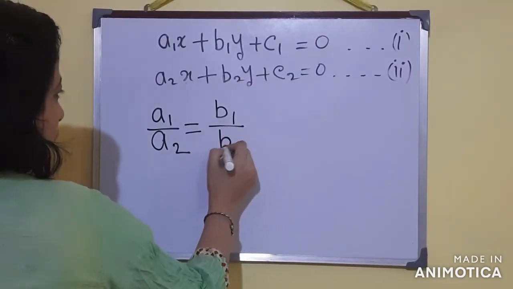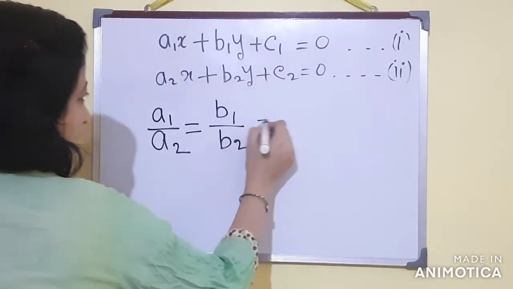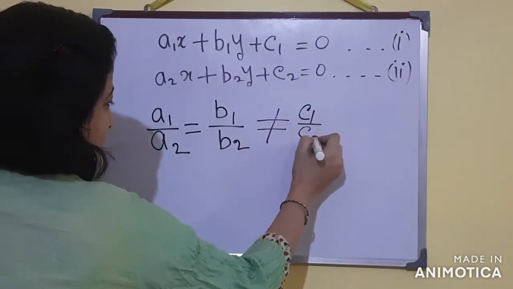Now the second case, when we will see the ratio of x coefficient is equal to the ratio of y coefficient, but it's not equal to c1 by c2.